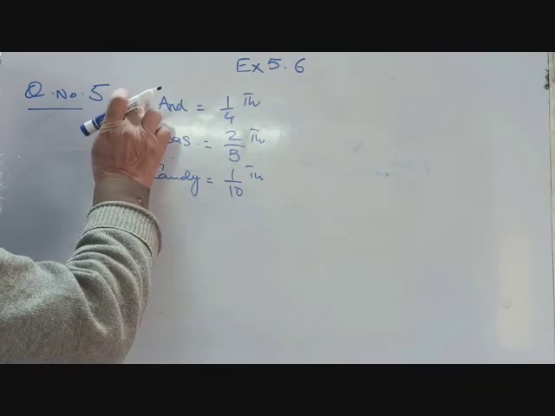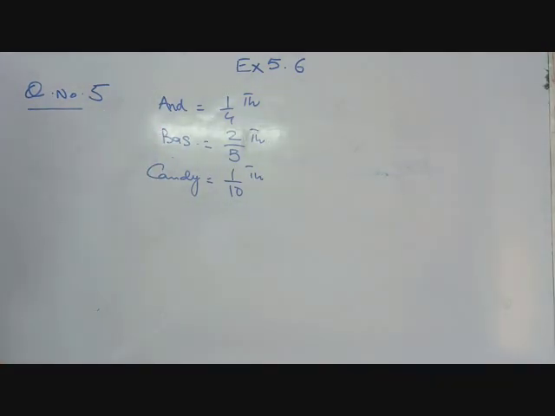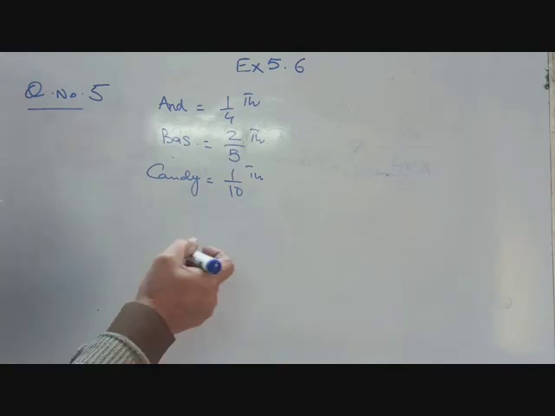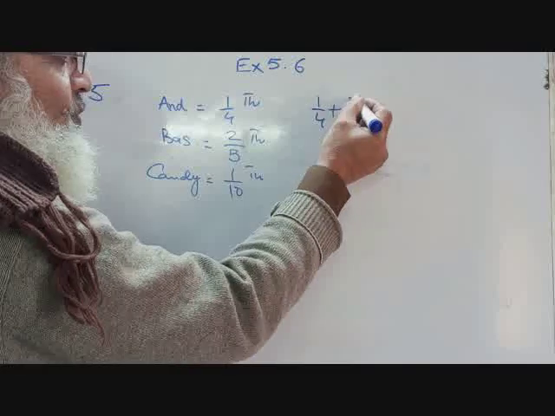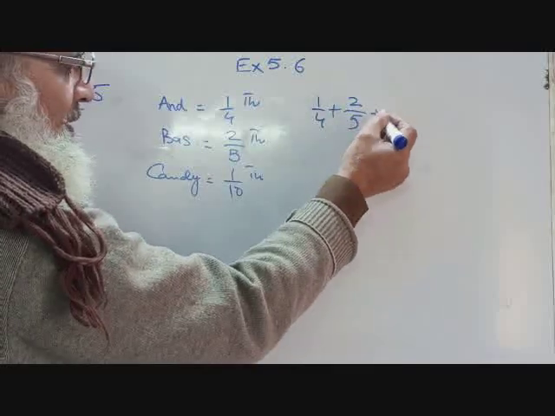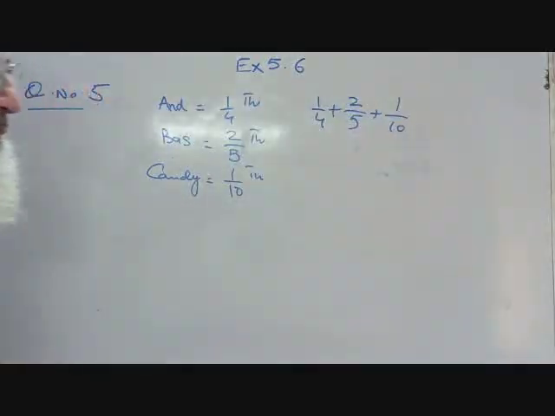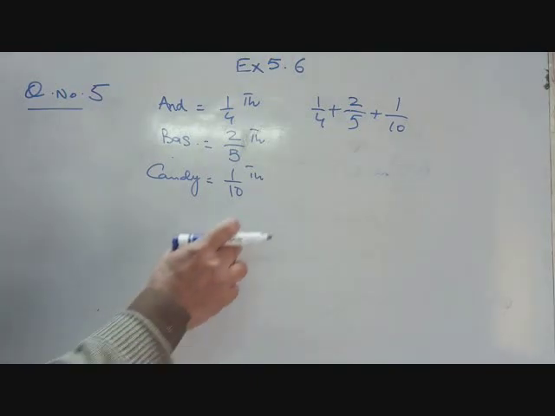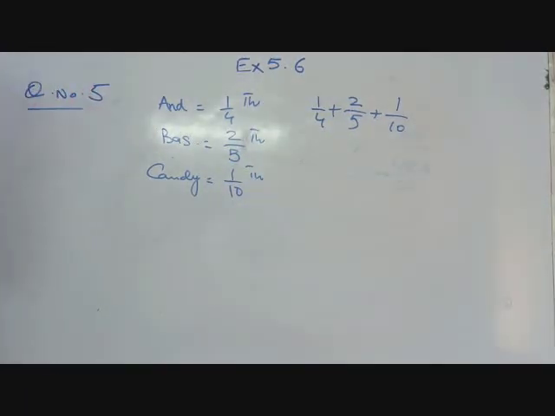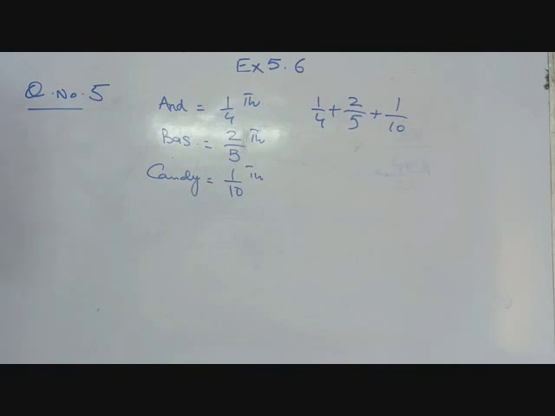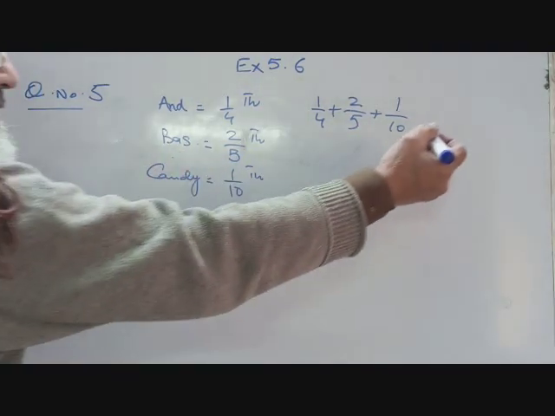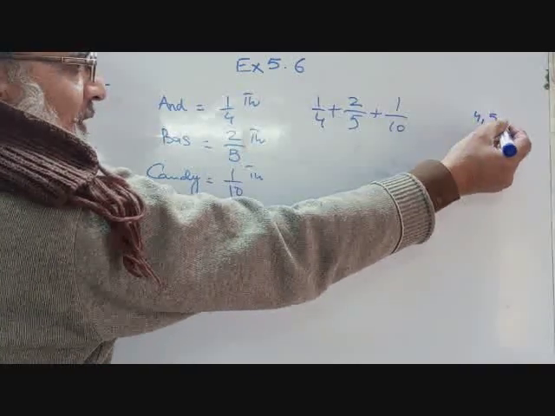Now, this is their contribution. If I add these contributions, 1 by 4 plus 2 by 5 plus 1 by 10, we have to find the LCM. I suppose the LCM must be 20, for 4, 5, and 10.